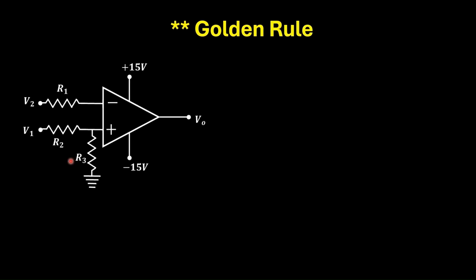Now, compared to the previous circuit, this circuit is different because V2 is fed through the resistor R1. In such type of situation, we can use a golden rule, and the golden rule is, for an ideal op-amp, the gain tends to infinite, and also the input impedance tends to infinite.